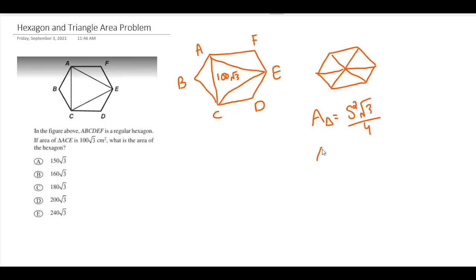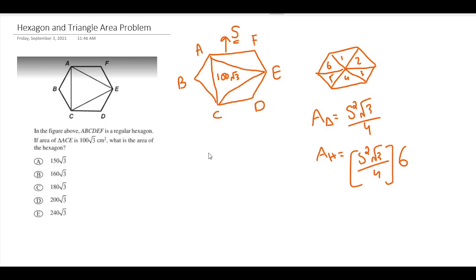Since there are 1, 2, 3, 4, 5, 6 of these equilateral triangles, all I need to do is take this and multiply it by 6. So I'm basically interested in the side, that's my goal here. Now the question arises, how do I do that?